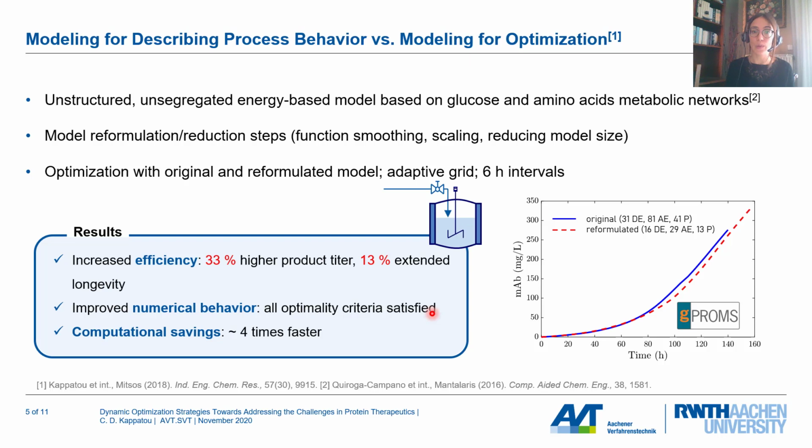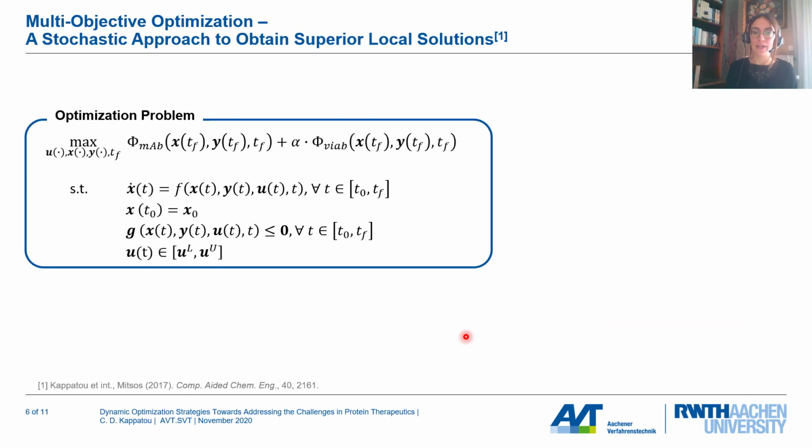And also this can be done with one quarter of the computational time that was needed for the original model. So by now we've seen that formulation matters when we talk about computationally intensive optimization studies. And in the next step, we're going to move to our second question, which has to do with multimodality.